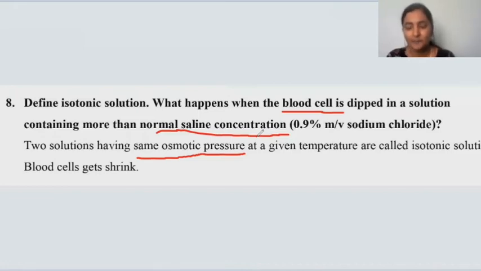You know that. Okay, and here comes the application of osmosis. What is osmosis?